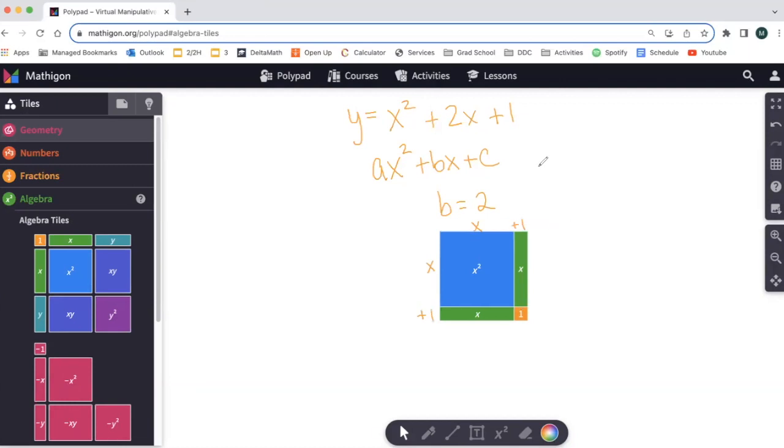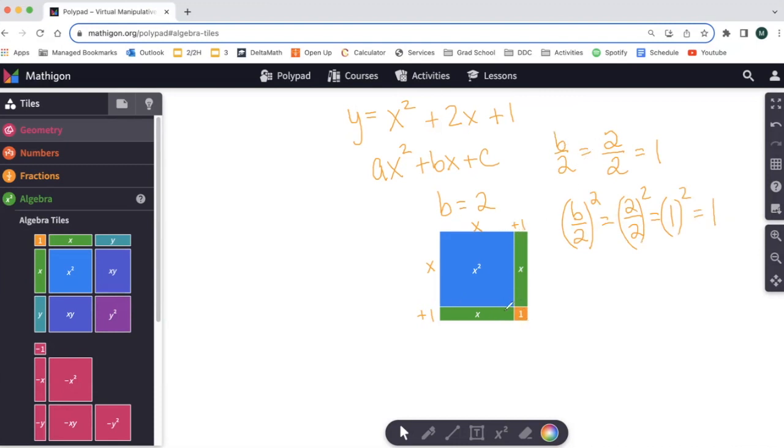So when we look at this, we should notice if our b value is 2, half of 2 is equal to 1. That is received by b over 2. From there, we can take half of b and we can square it. So that's 2 over 2, which is 1, squared is 1. So we see that the x here and the x here, those side lengths are from half of b.